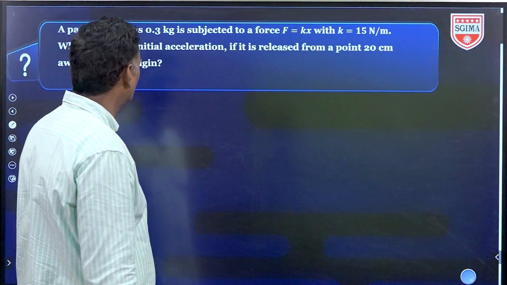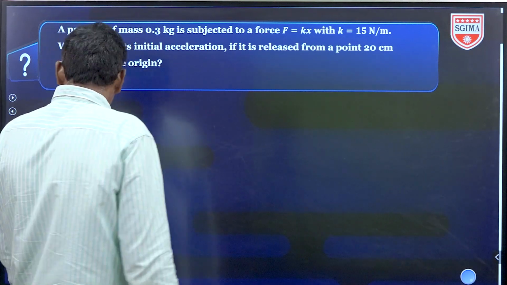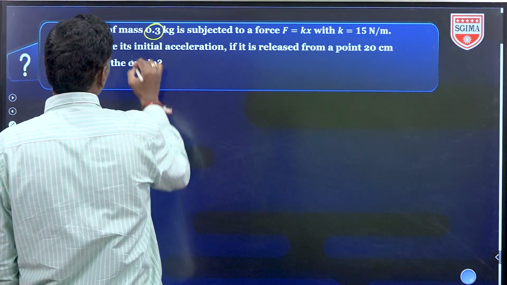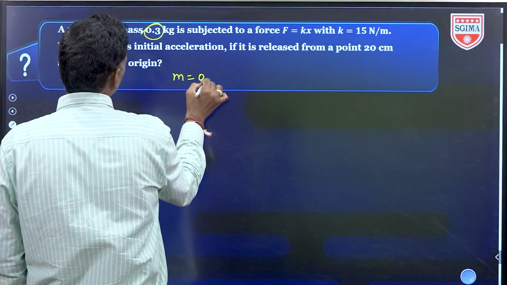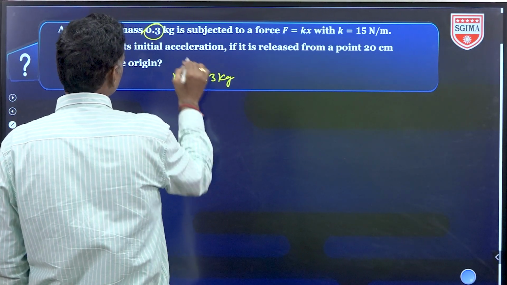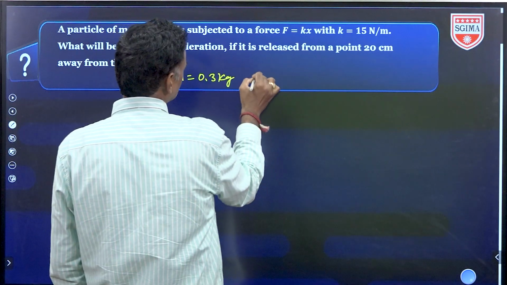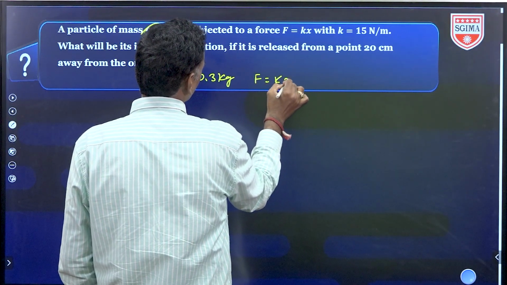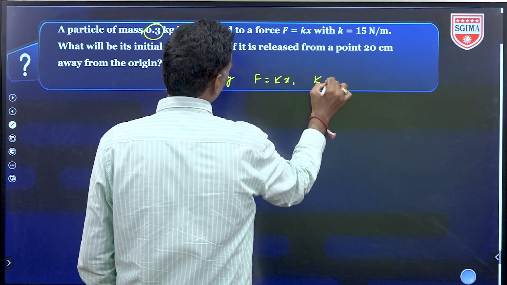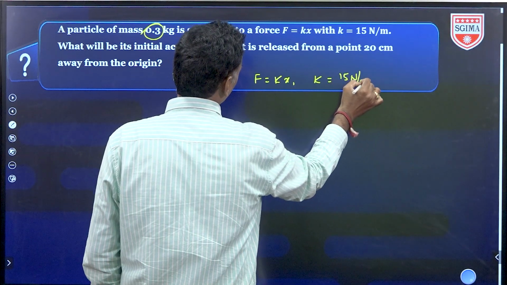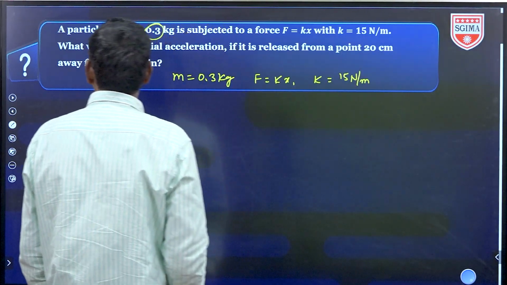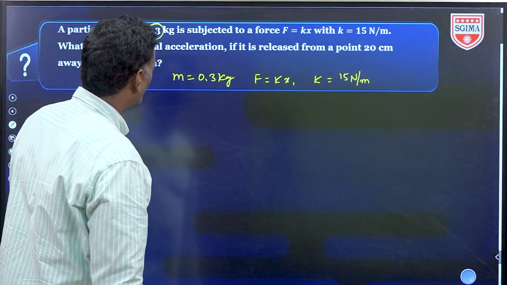Here is the question. A particle of mass 0.3 kg is subjected to a force F equals kx, with k equal to 15 newton per meter. The units are valid. What will be its initial acceleration?